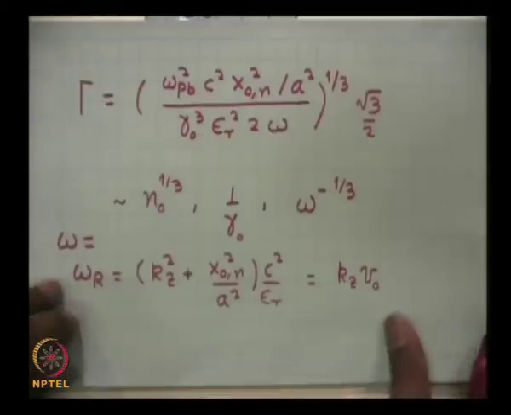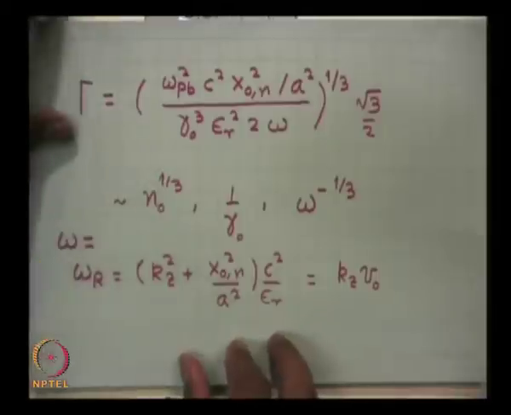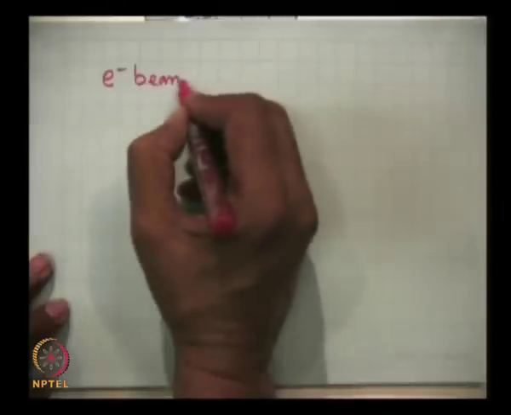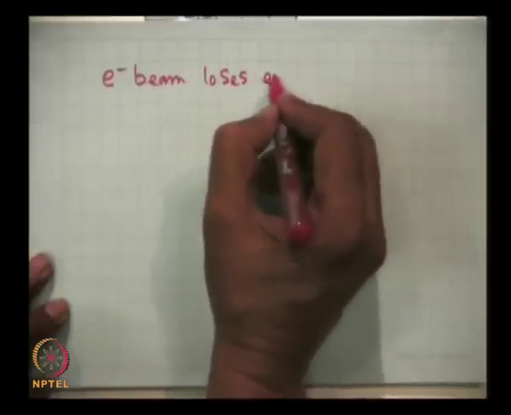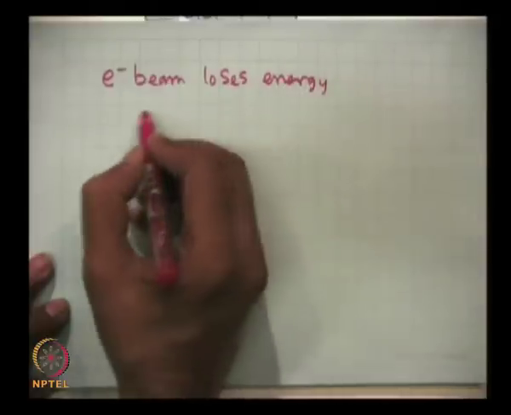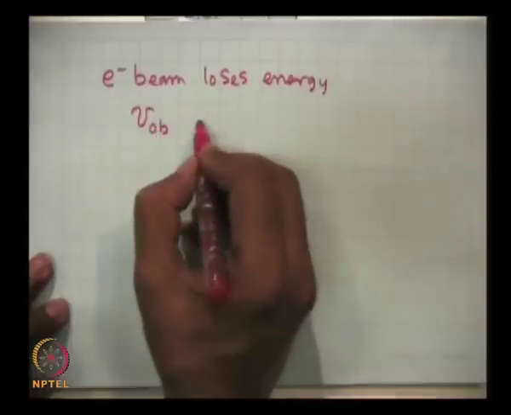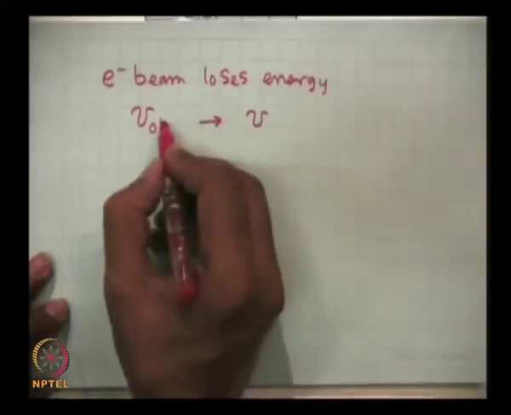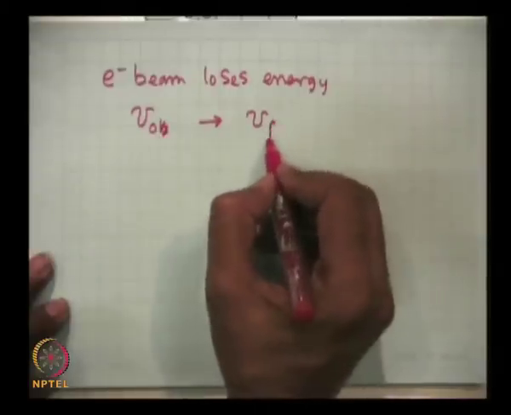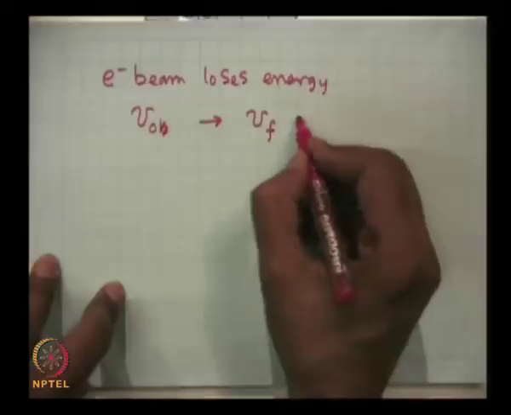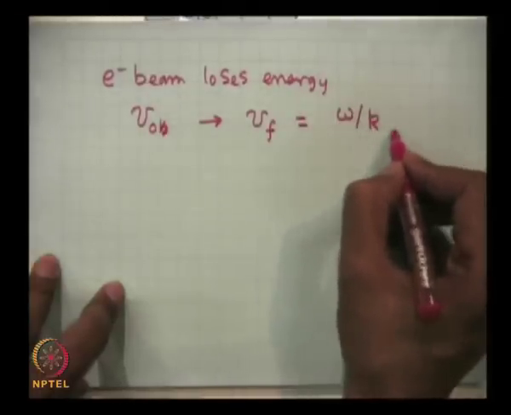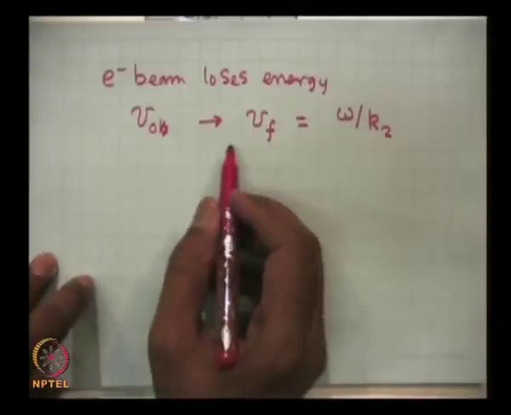I did not prove it there, but one can easily show that the same condition is roughly equivalent, not exactly equivalent, to saying that when the electron beam transfers its energy, the electron beam loses energy and its velocity falls from the initial value v0 to a final value vf, which becomes equal to omega by kz of the wave, the growth will stop.